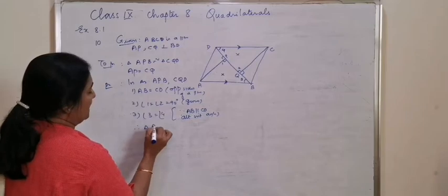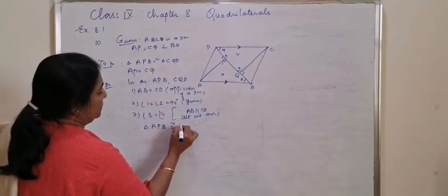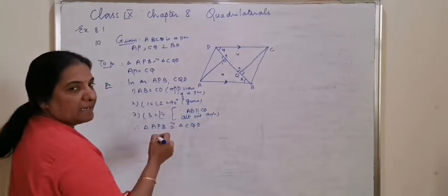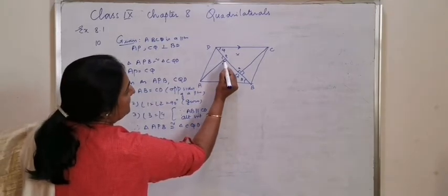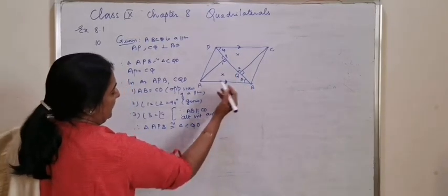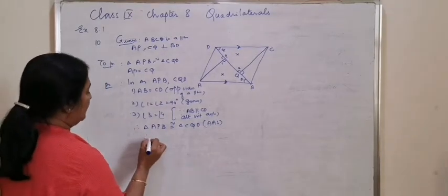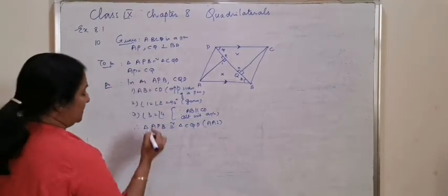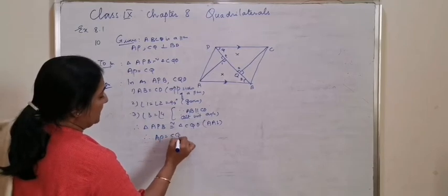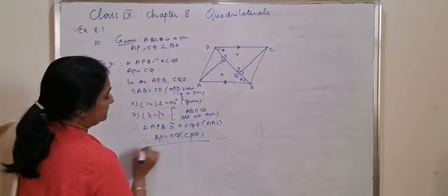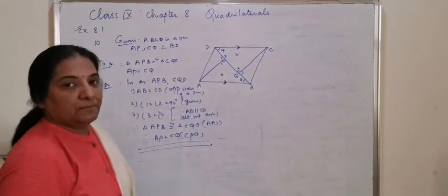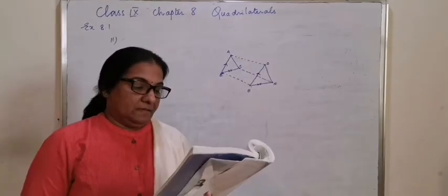Therefore triangle APB is congruent to triangle CQD by angle, angle, side. That means by AAS. Automatically AP is equal to CQ by CPCT. That is the proof of question number 10.